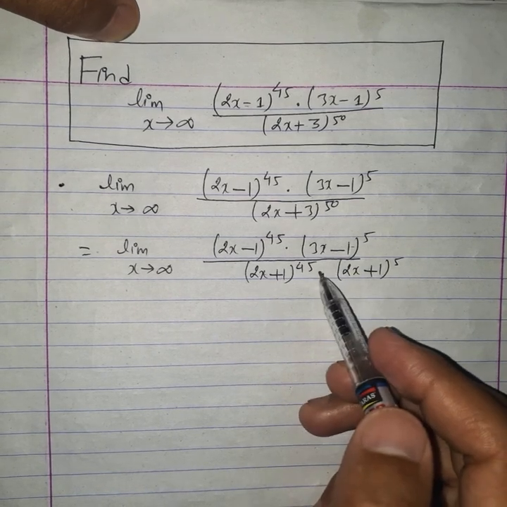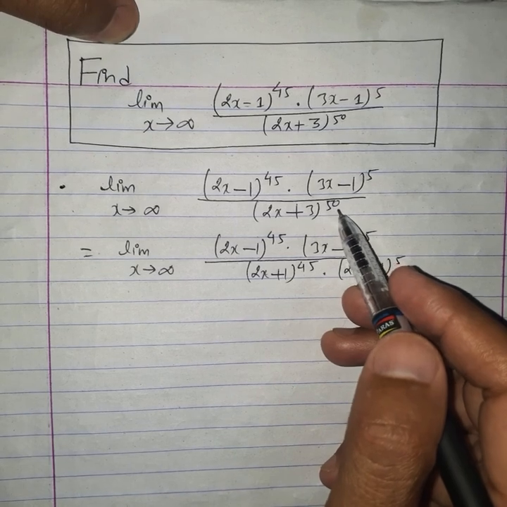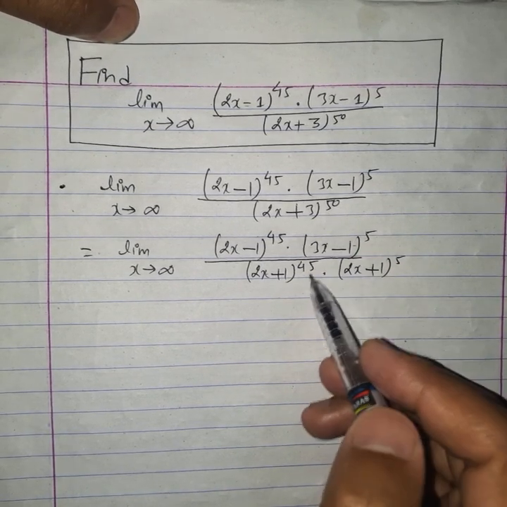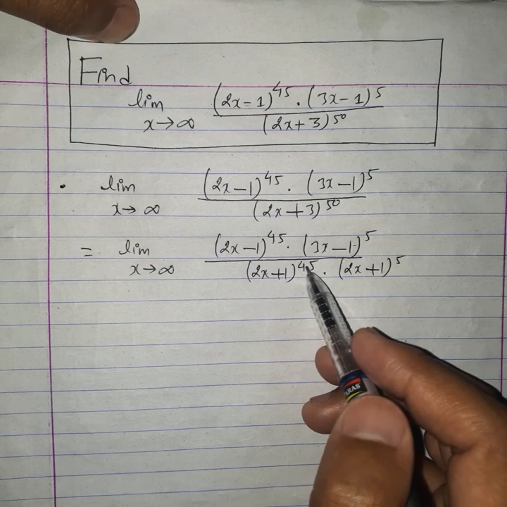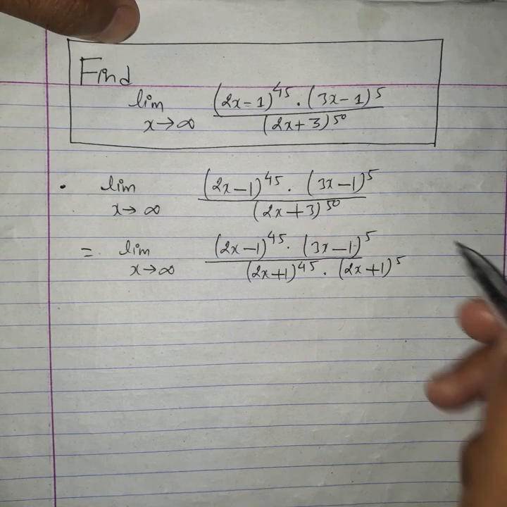Here in the denominator of this fraction we just split the power. The power 50 is split into two parts, one is power 45 and the next one is power 5. We can distribute this power.